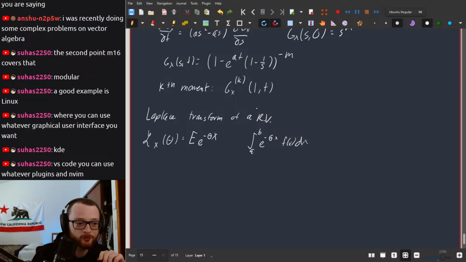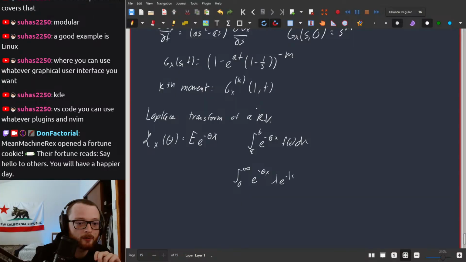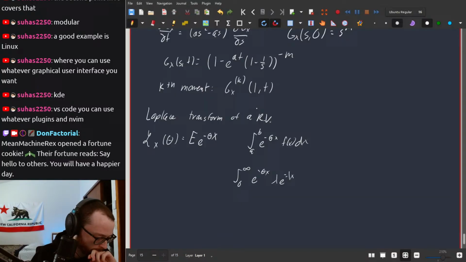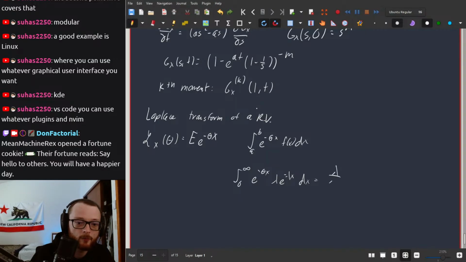If you do it for an exponential distribution, it's literally the exact same thing as the Laplace transform of an exponential function. You get an integral from 0 to infinity, e to the minus theta x, lambda e to the minus lambda x dx. And if you do that integration, which isn't terribly difficult, you get lambda over lambda plus theta.